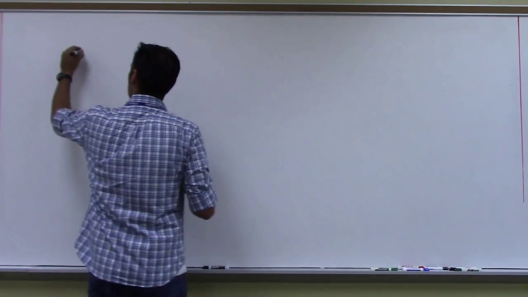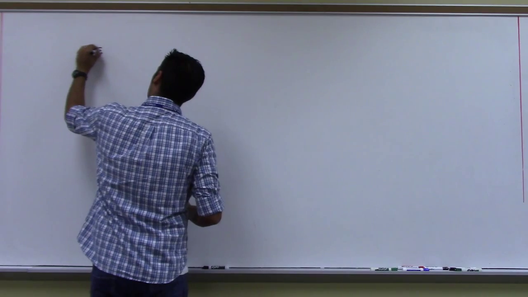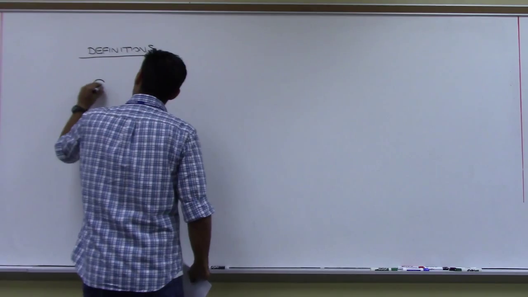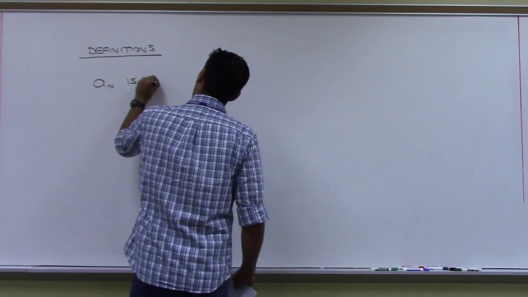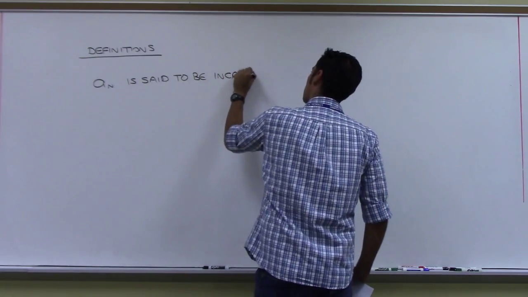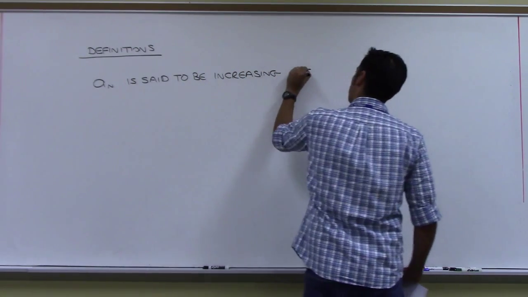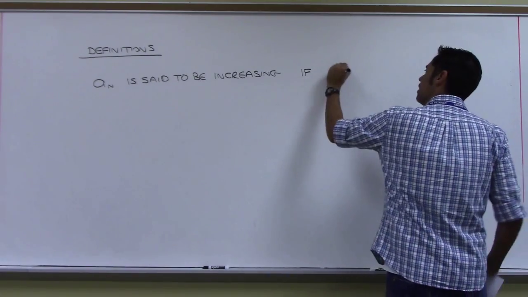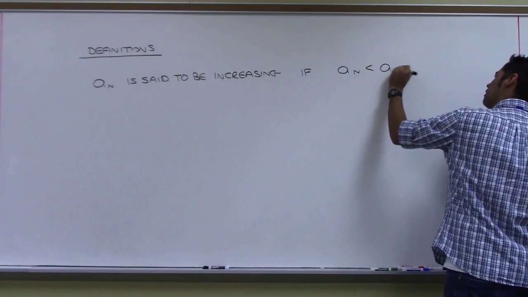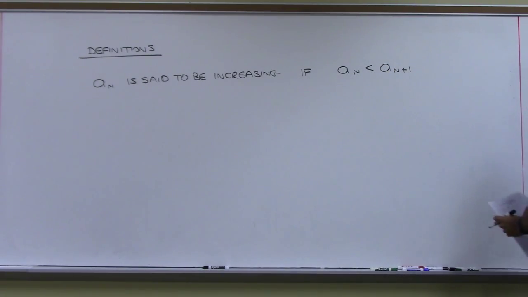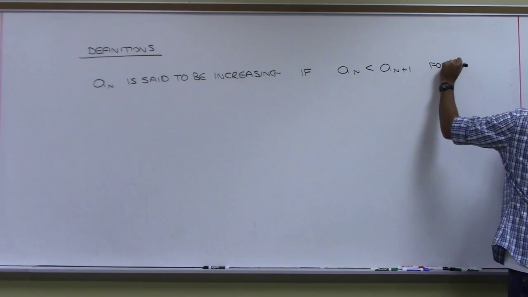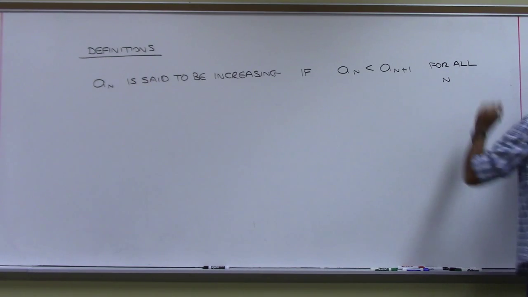Some definitions. A sub n is said to be increasing if a sub n is less than a sub n plus 1 for all n.